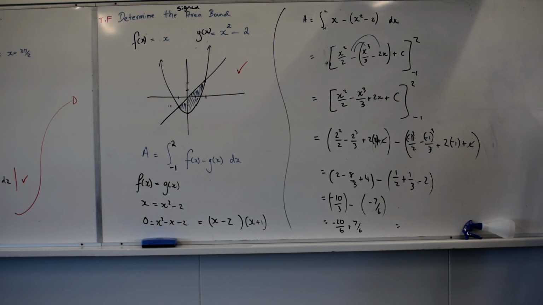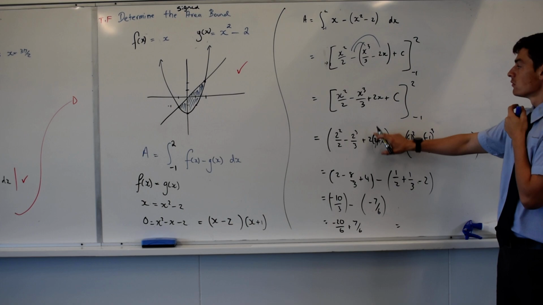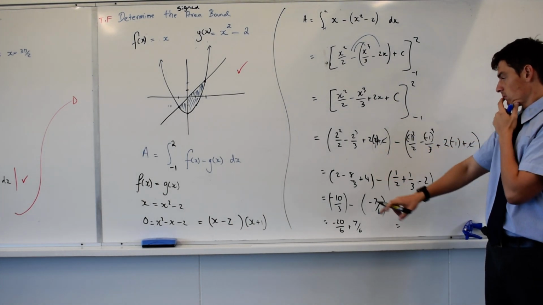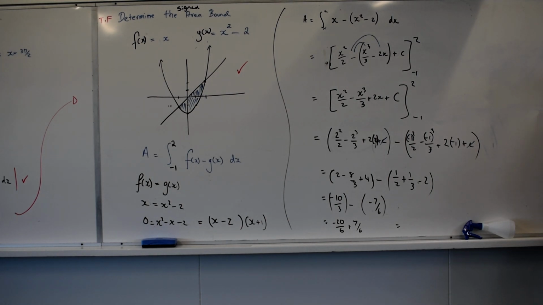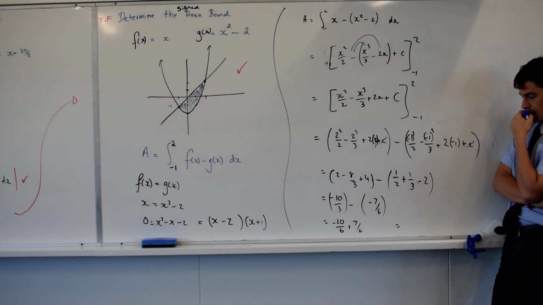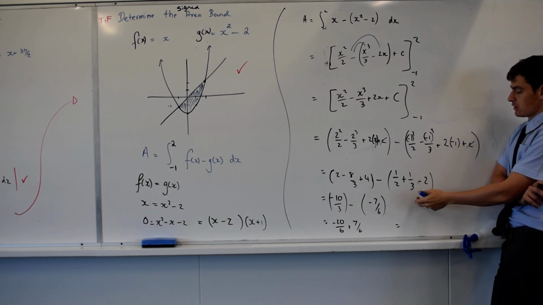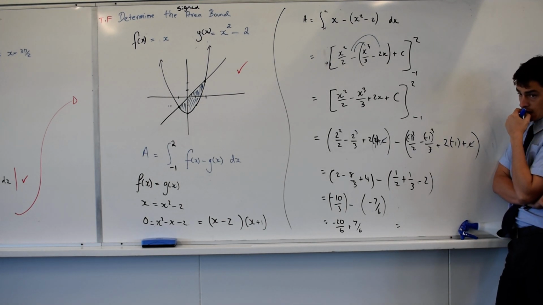Isn't it -4? In this one? Where's my boo-boo? I think it's in this one. So you have +2 or +4, right?